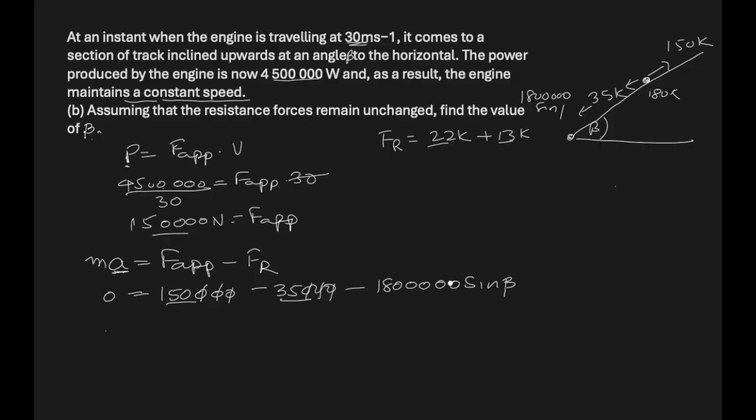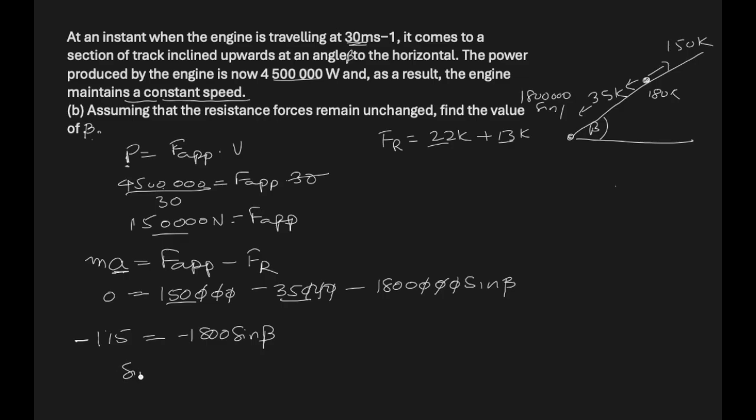We divide the whole equation by 1000 so that our calculations become easier. So 150 minus 35 is 115. Negative, when it goes to the left side, it becomes negative. This will be minus 1800 sine beta.